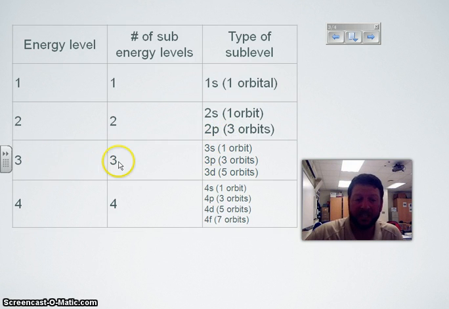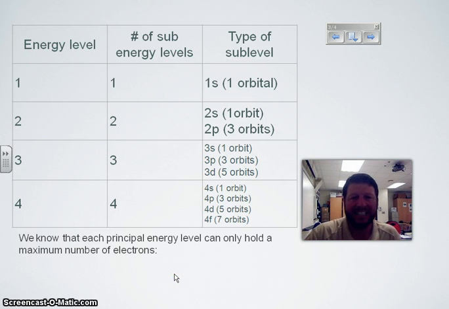Energy level number 3 has 3 sub-energy levels: 3s, 3p, and then we introduce the d orbital, that cloverleaf shaped one, which has 5 separate orbitals within it. Not 5 separate d's, but 5 separate areas where these electrons are flying around. And then the 4th has 4s, 4p, 4d, 4f, and we're up to 7 orbitals. It stays with 7 orbitals in levels 5, 6, and 7, because principal energy level number 4 is the most we can have.